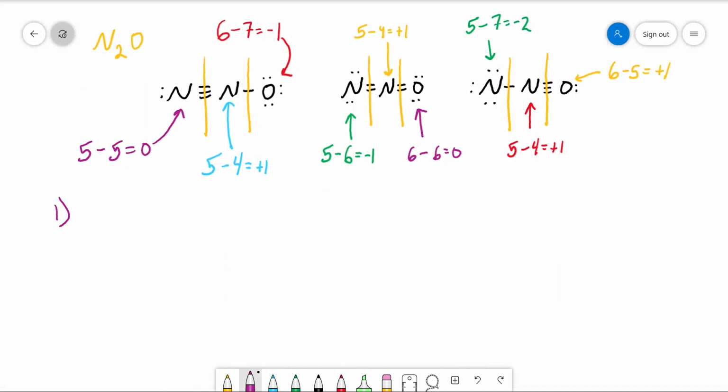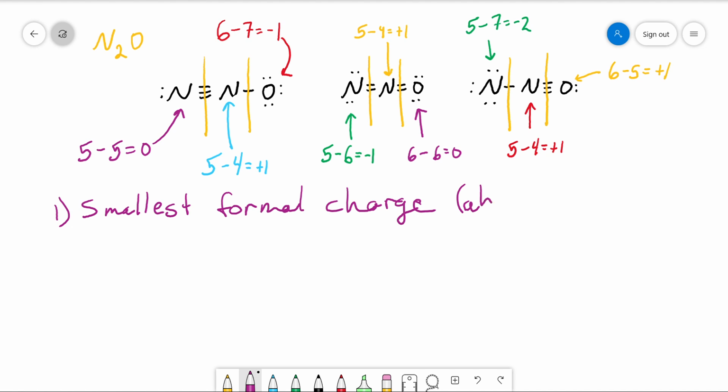what we want is the smallest formal charge is always better. And when I say smallest, I really am talking about an absolute value. I don't care if it's positive or negative. Okay, smaller value is better.